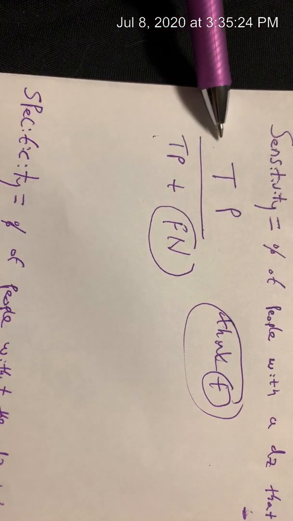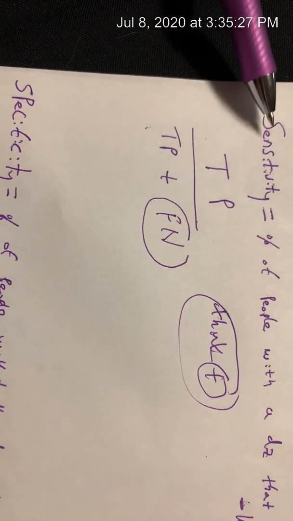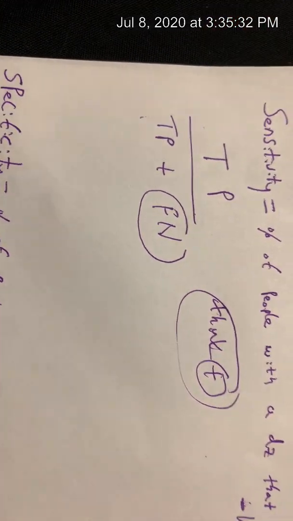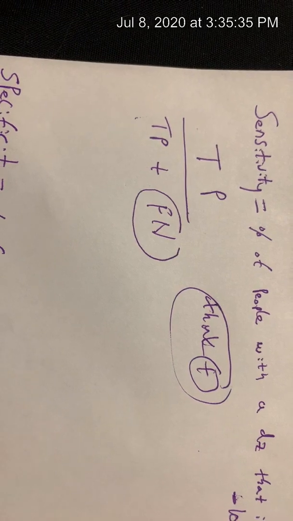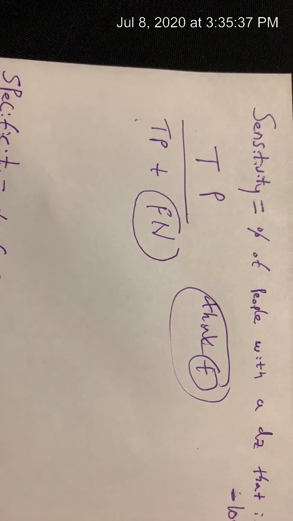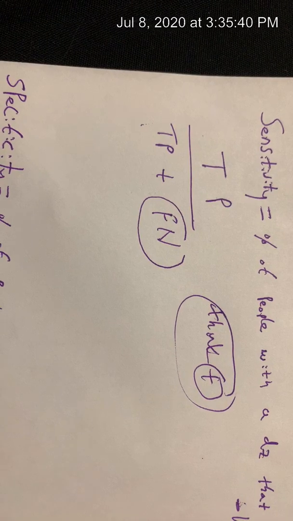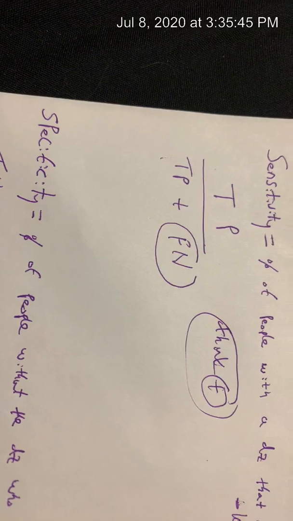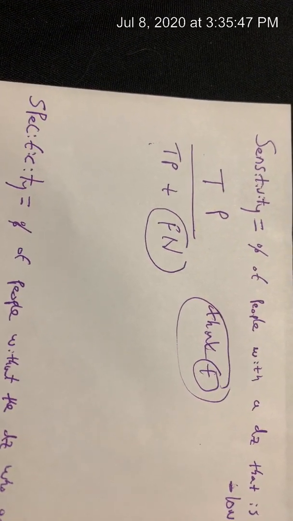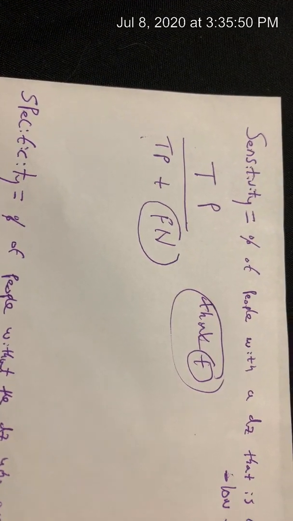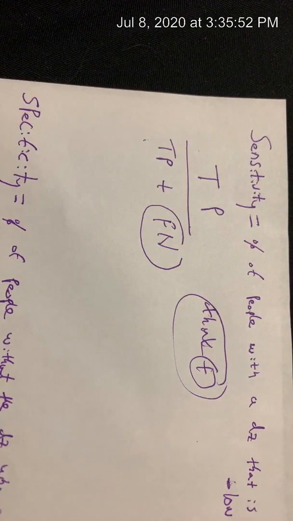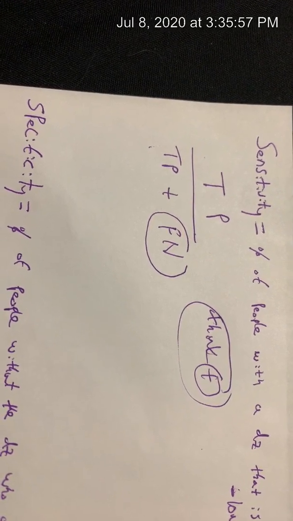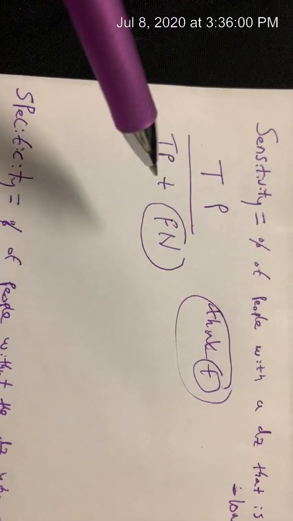A high sensitivity test has no information about the opposite: if the test was positive, a high sensitivity does not tell you anything about how many false positives there would be. Meaning if a test is positive, it's not great at ruling in a disease. But if sensitivity is high and the test is negative, it is great at telling you they don't have the disease because the false negative rate is low.